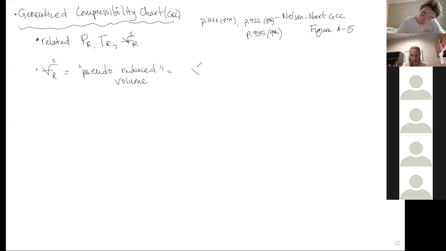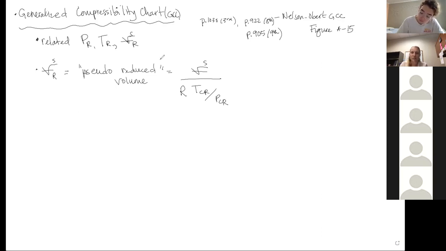Its equation is the specific volume over our gas constant R times our critical temperature divided by our critical pressure. So once again, similar to our reduced pressure and reduced temperature, these depend upon our critical point values, but there's also this factor of the specific volume.